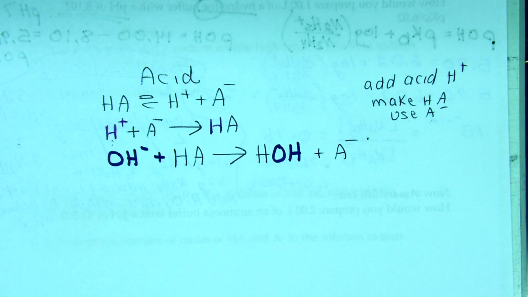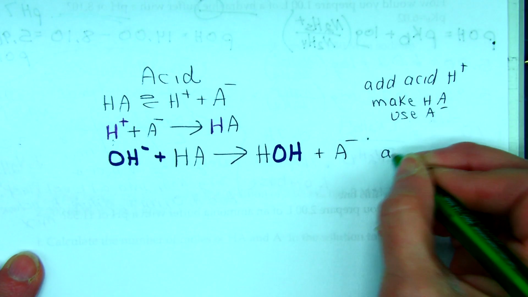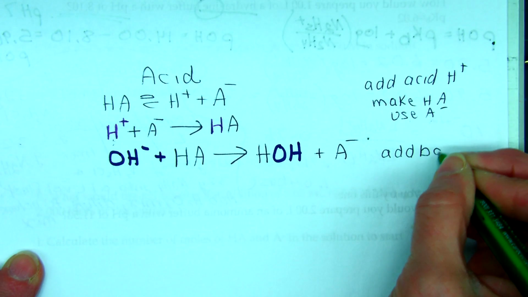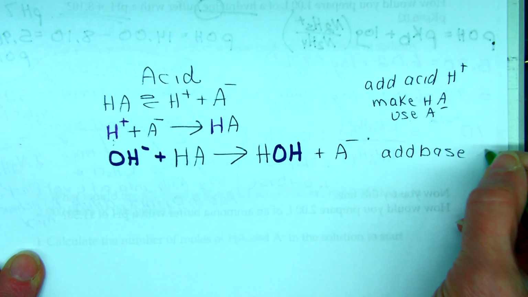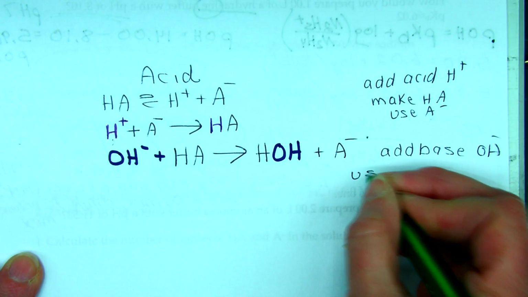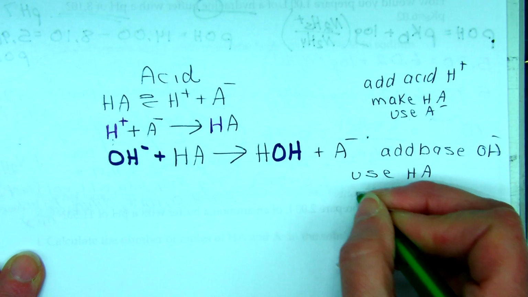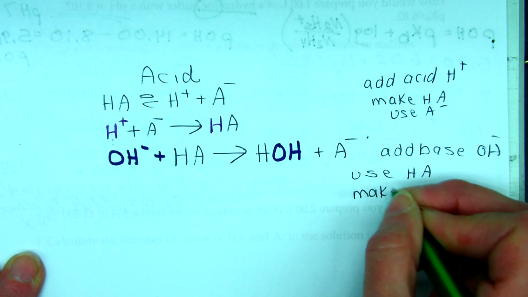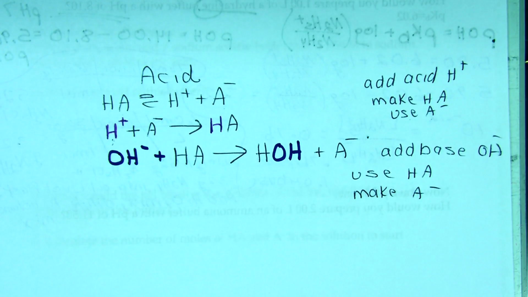Okay. When I add a strong base, I'm essentially adding hydroxide. So I use HA, and in the process, I make A minus. Okay? That makes sense? Now remember that the pH of a solution is dependent on the pKa of the acid and that ratio.